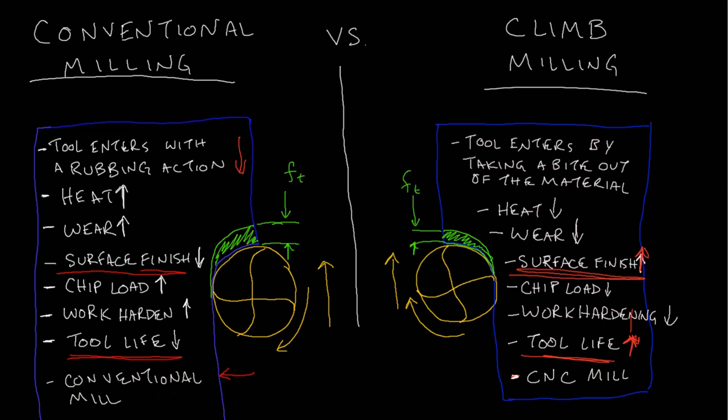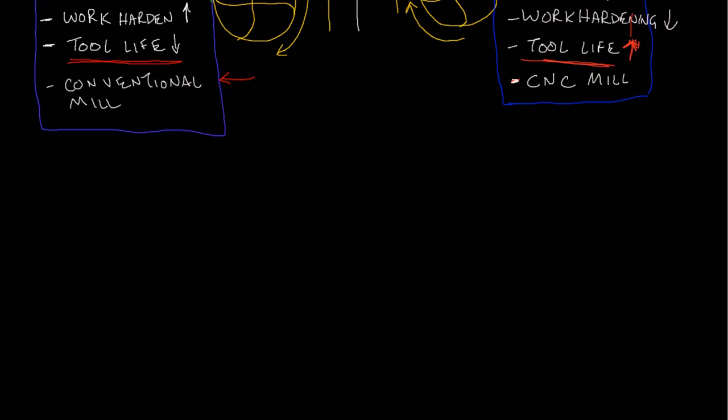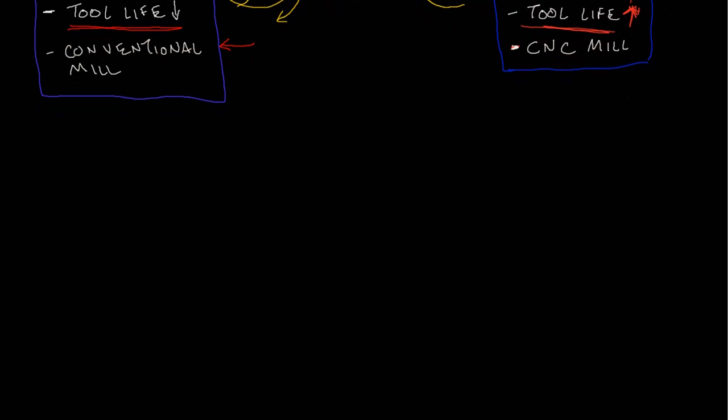So there is a justifiable reason why you would use conventional milling even on a CNC mill. Let's say you have a part that has a very hard surface. So here's the same sort of part here, and you have the tool here.